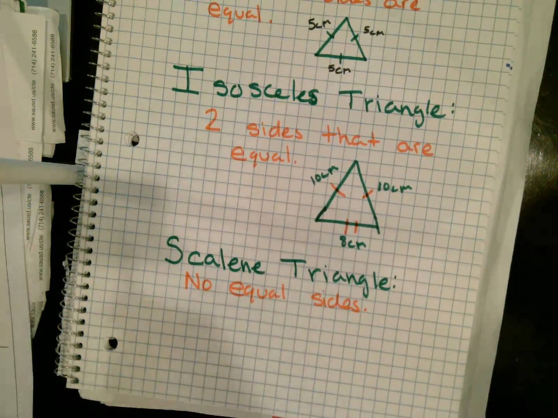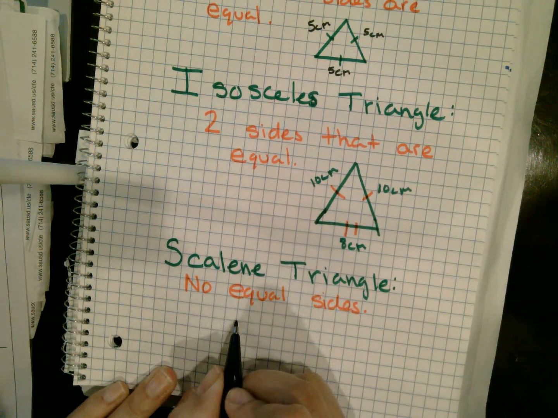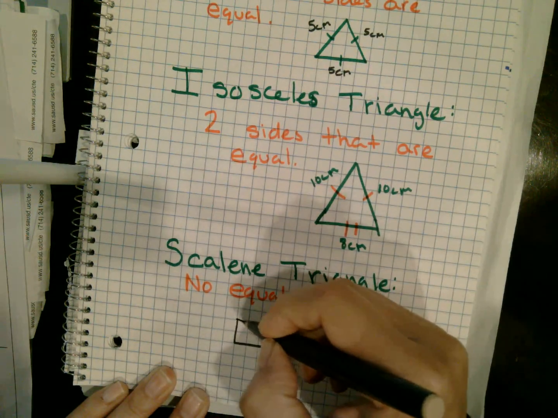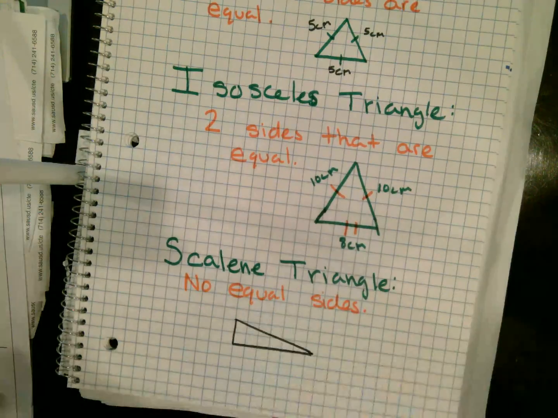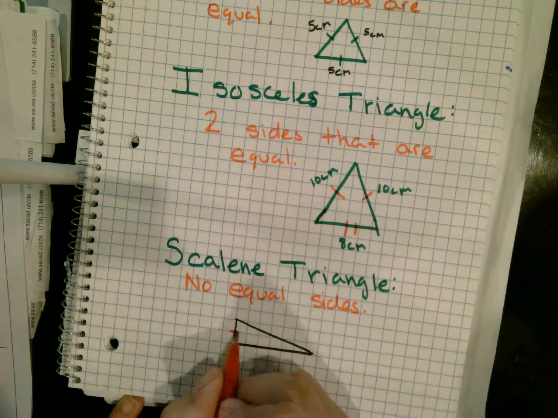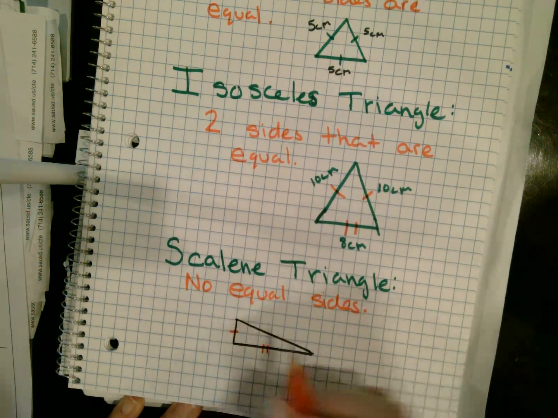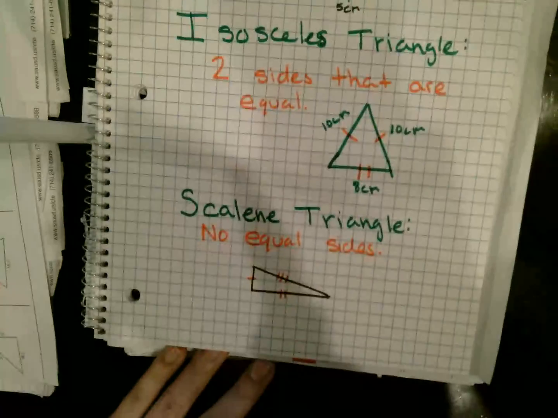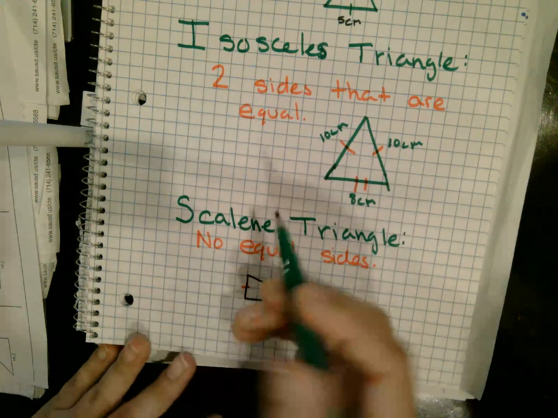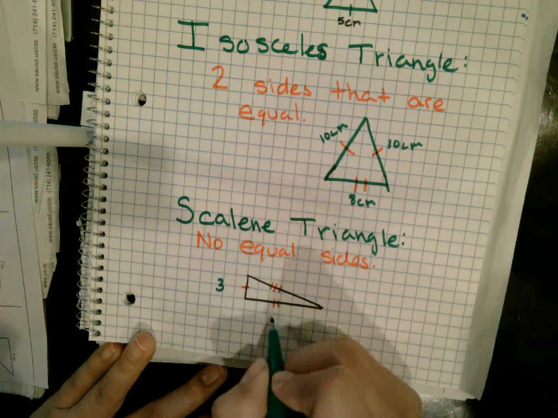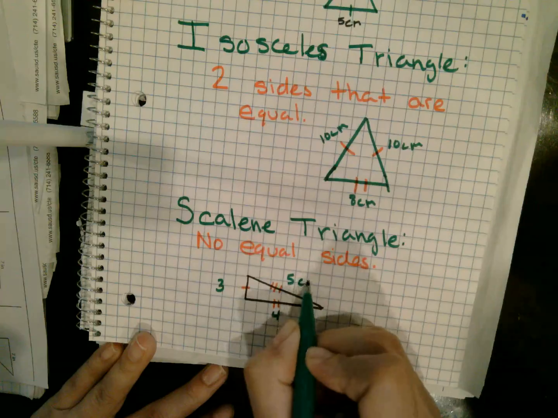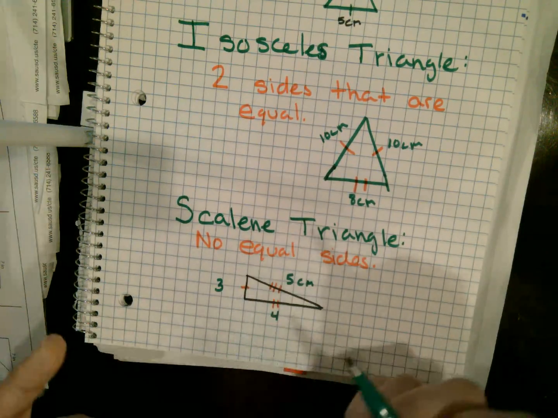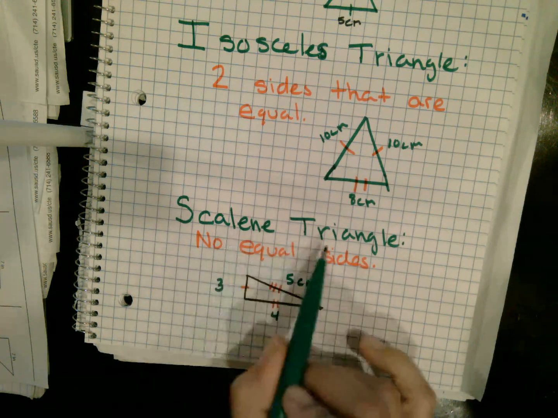So we can just draw a random triangle. Okay. And this side has 1 tick, this has 2 ticks, and this side has 3 ticks. So none of the ticks match, and none of the numbers will match. Say this is 3 centimeters, 4 centimeters, and 5 centimeters. None of the measurements match. There are no equal sides. Therefore, this is called a scalene triangle.